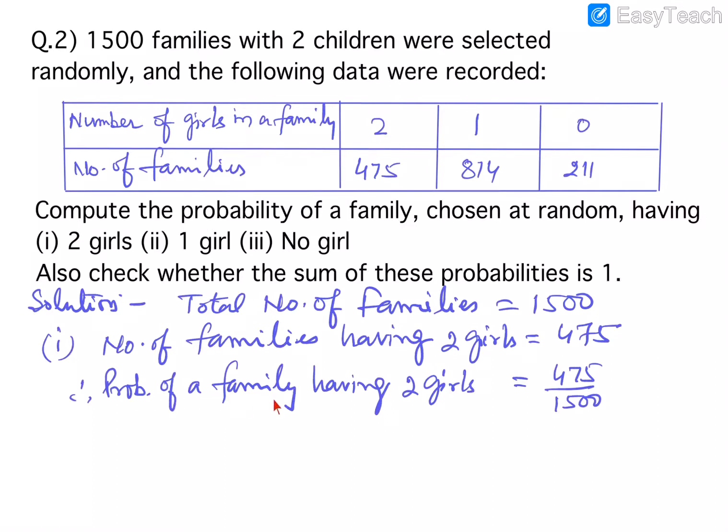So probability of family chosen at random and having two girls will be equal to 475 upon 1500, because these are the number of times in which the event has happened and these are the total number of trials made.